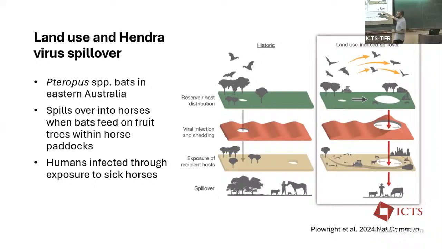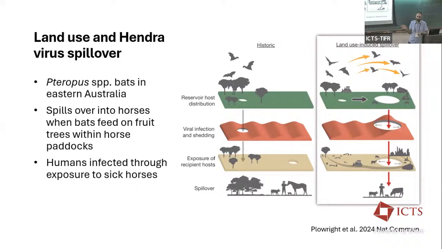They found later on that the host of this virus is Pteropus species fruit bats. There are 3 different species in Australia that contribute to being reservoirs of Hendra. The way it spills over into horses is that bats shed this virus in their urine, and it happens when bats are feeding on fruit resources that are on horse paddocks, right?